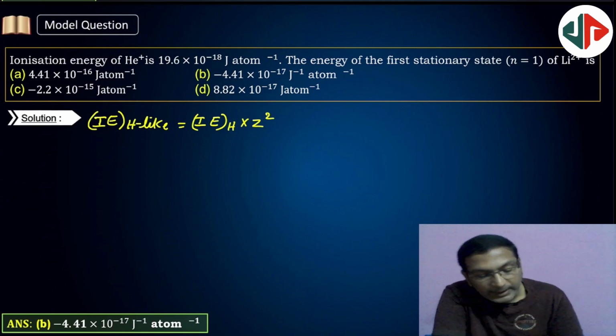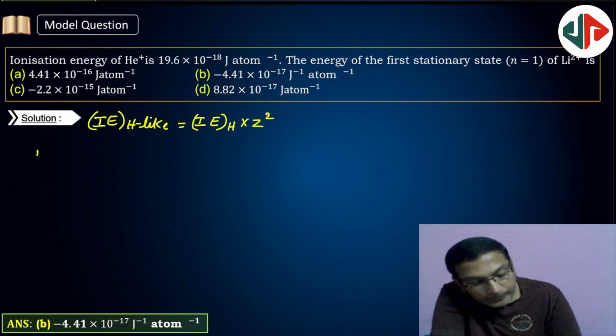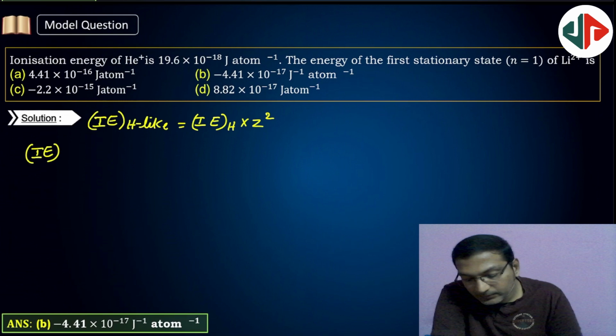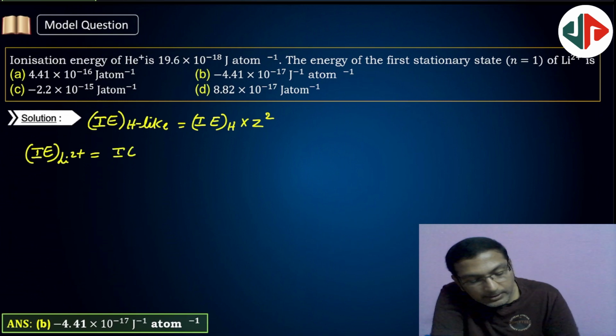So here two hydrogen-like species are given. I am applying this relation first to Li2 plus: ionization energy of Li2 plus equals ionization energy of hydrogen into Z square. Z is 3 for lithium, therefore it becomes 9. Say this is expression 1.